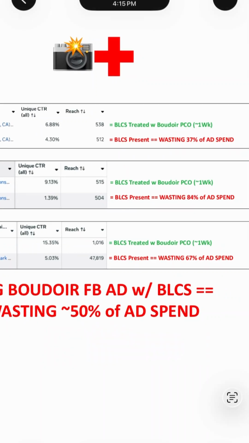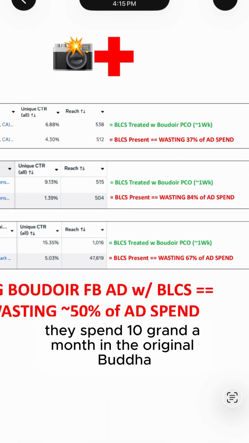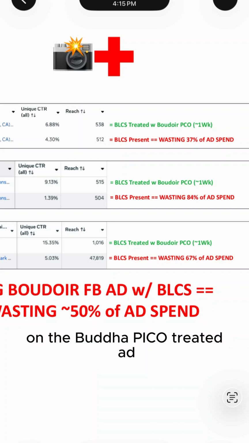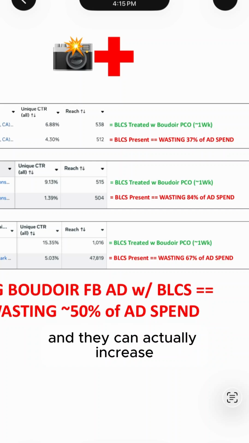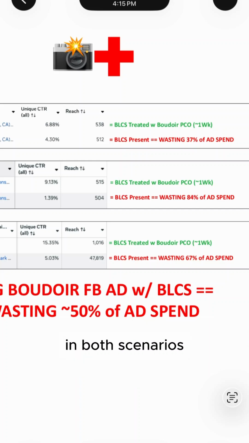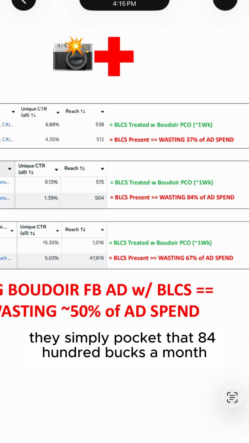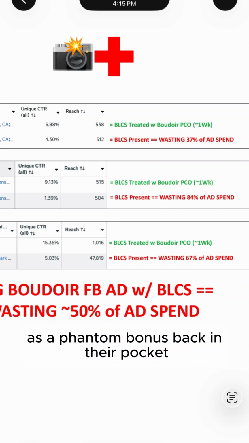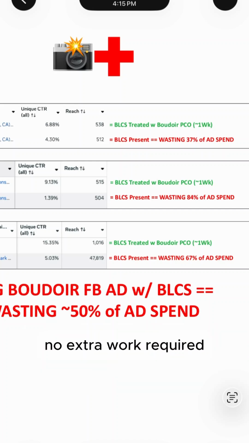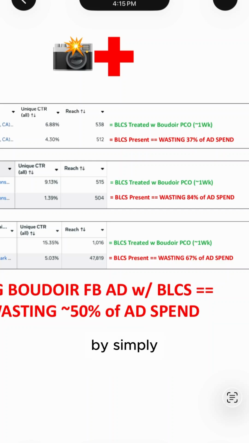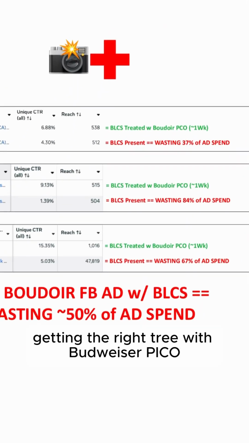As a result, if they spend 10 grand a month on the original Boudoir Facebook ad, now they only need to spend 1.6 grand a month on the Boudoir PICO treated ad to get their ad into the same number of women's brains in both scenarios. They simply pocket that $8,400 a month, not needing to spend it anymore, as a phantom bonus back in their pocket, no extra work required. That's like a 100 grand bonus at the end of the year by simply getting their ad treated with Boudoir PICO.